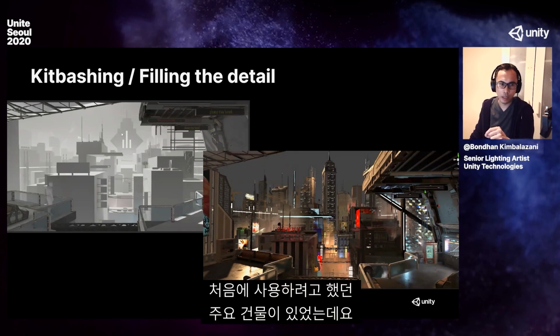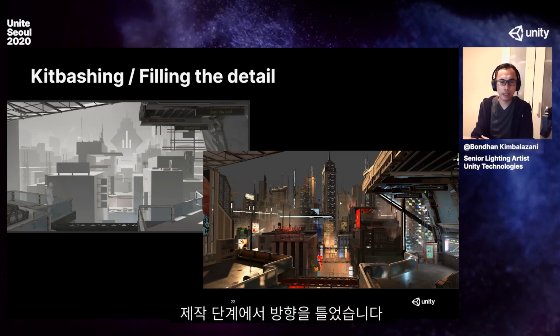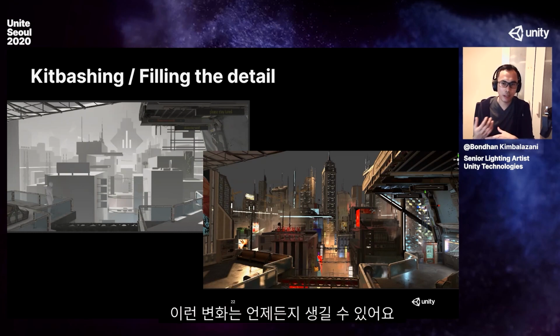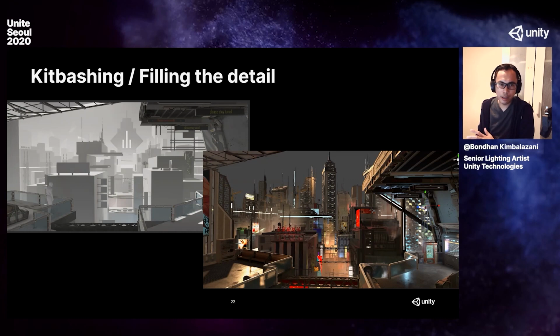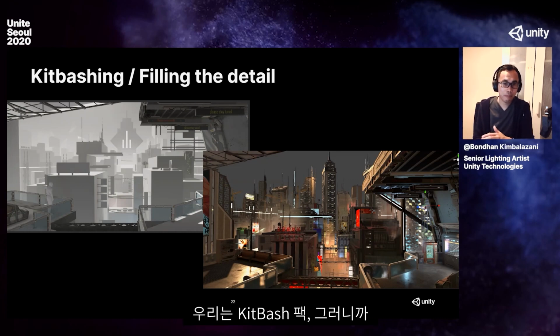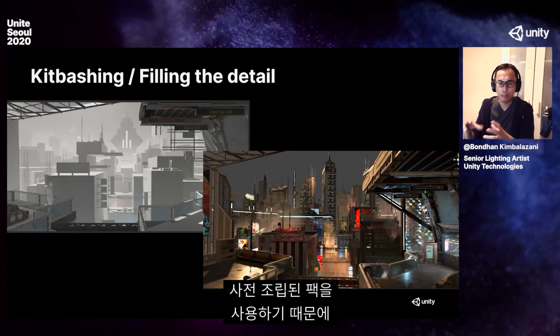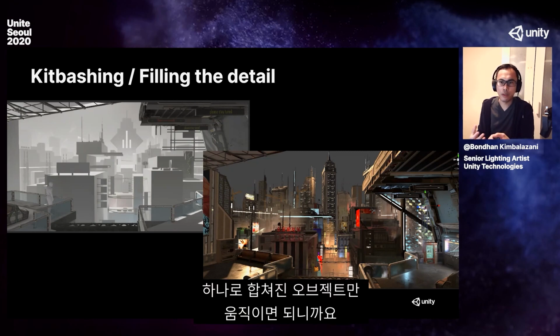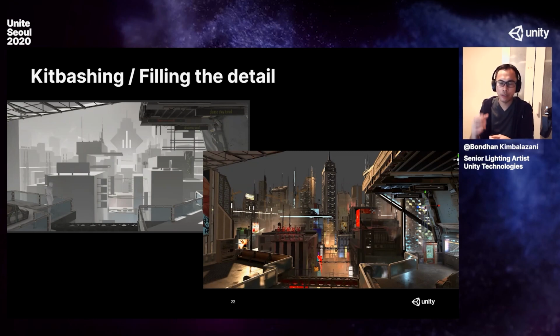Initially we decided we wanted to go with a hero building, but then the direction changed in the production, and that's very normal in the VFX or game industry. There will be changes every time, and because we use the Kitbash packs, the pre-assembled packs, it makes it easier when we want to make changes, because it's a matter of moving one big monolithic object instead of having to disassemble the whole thing.